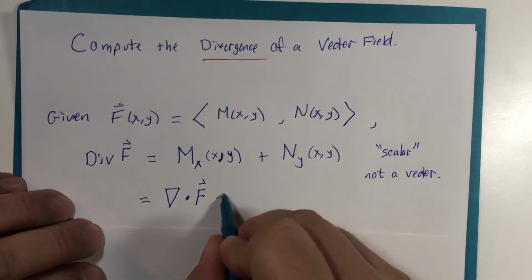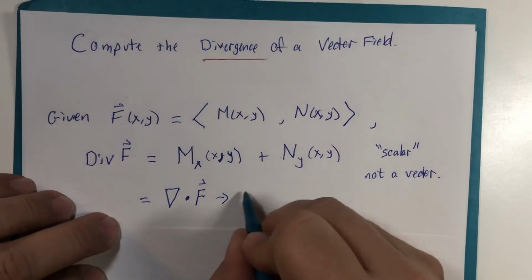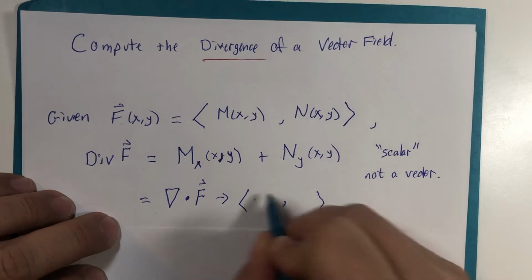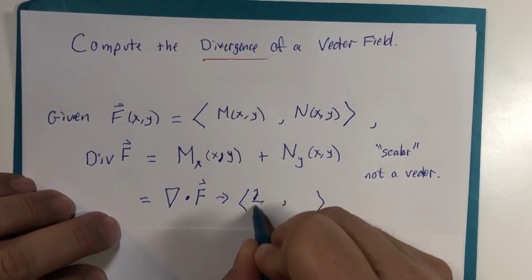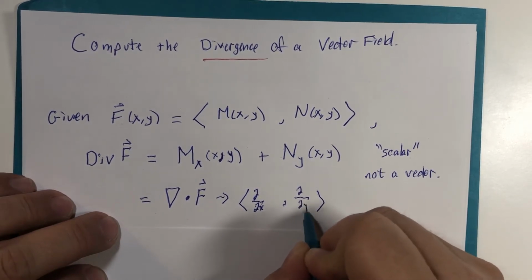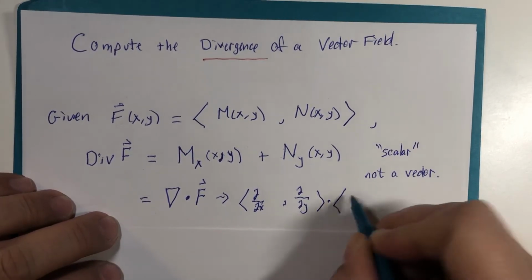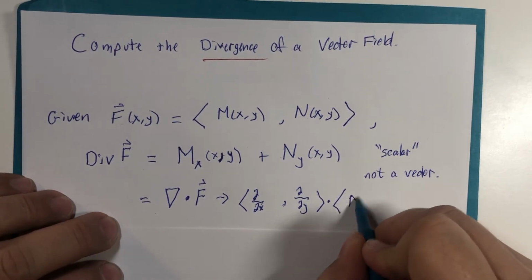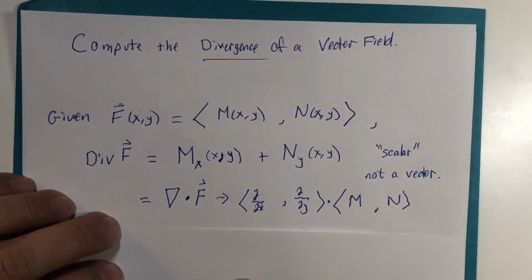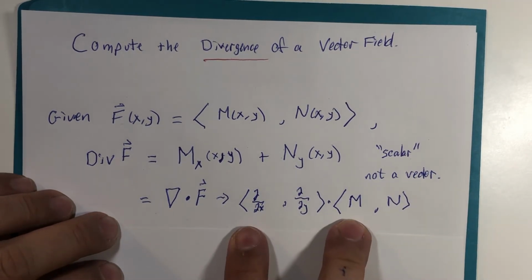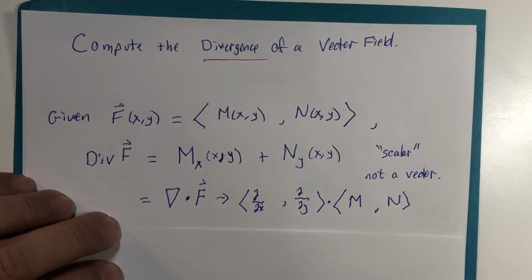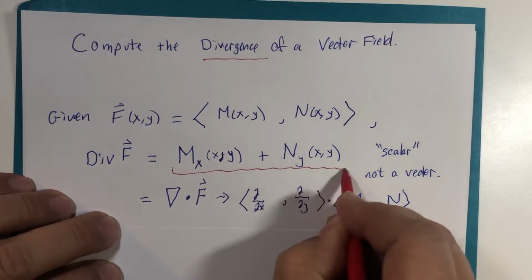And the way you would interpret that is, what if you had a vector that said we're going to take the partial derivative with respect to x and the partial derivative with respect to y, dot product the vector field m comma n, and they're making it look almost as if you're multiplying these two together, but you're not. And the same thing is you're multiplying these two together. Anyway, this is the calculation at the end.